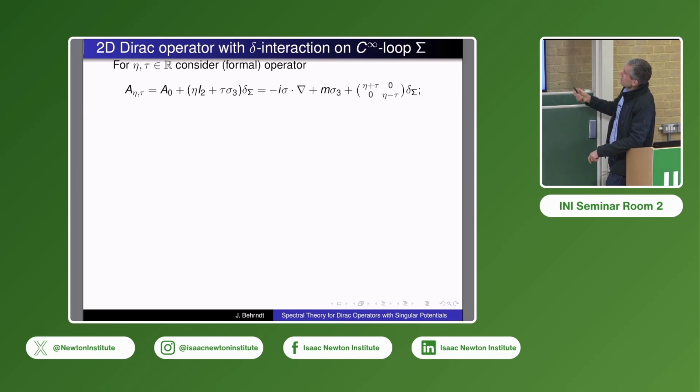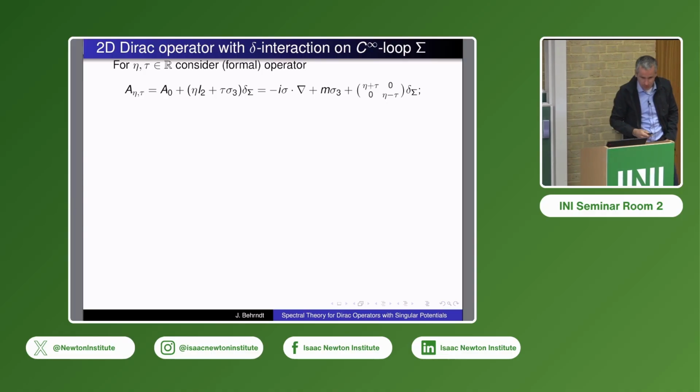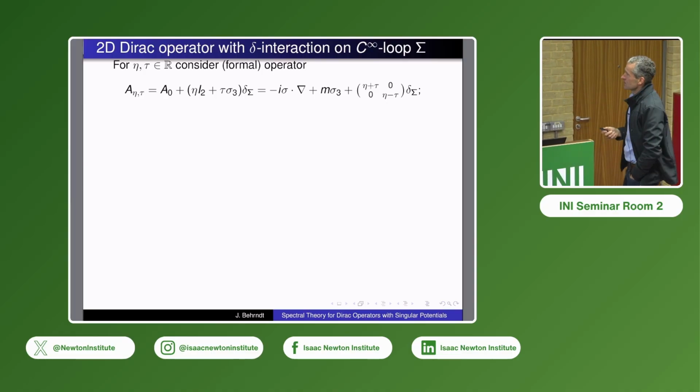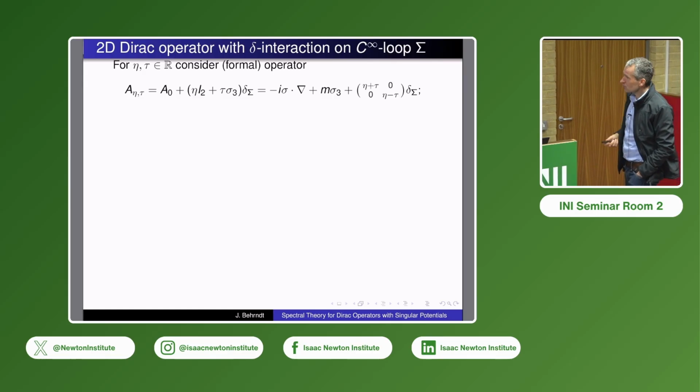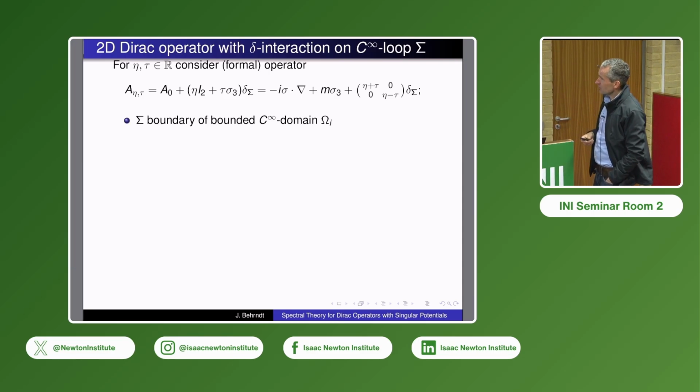So the delta distribution is sitting on this loop, and in front there are some coefficients, and these two numbers, eta and tau, which are on the diagonal, they kind of represent electric and Lorentz scalar potential parts. Mathematically, you could just put one number. For certain reasons, there are two, and we will also see what happens if we play with the two. Anyway, so I would like to define a rigorous, well-working operator taking care of this formal expression.